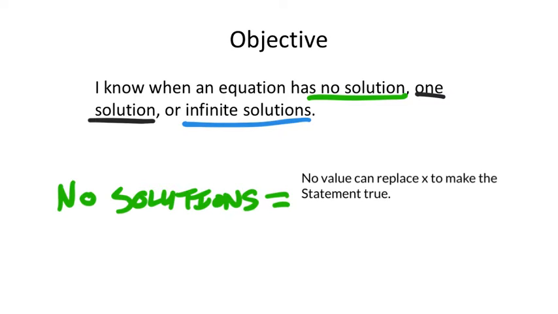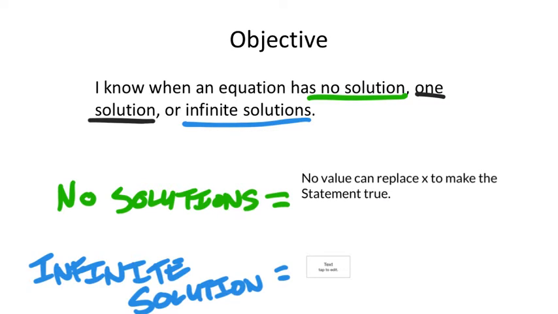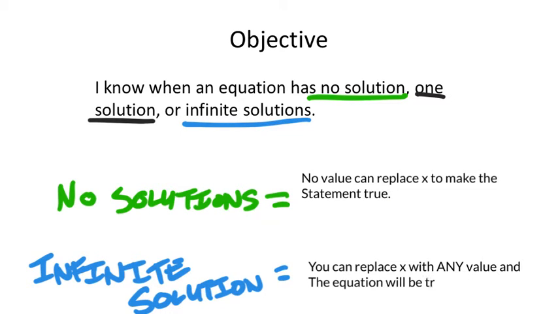Okay. And then again, infinite solutions would mean that you can replace x with any value and the equation will be true. Okay, now when we say any, we mean any negative, any positive, any decimal value, any fraction, positive or negative, doesn't matter.